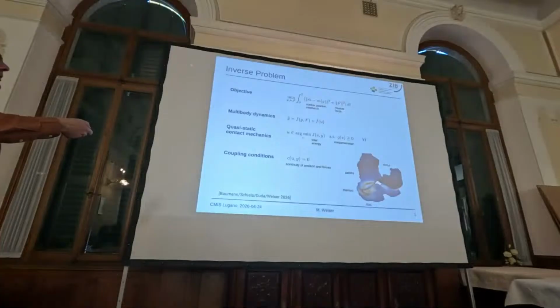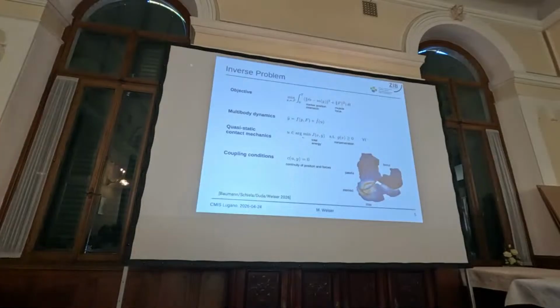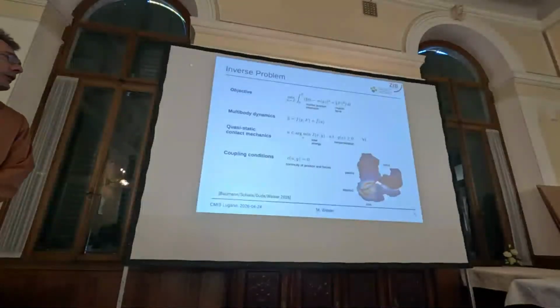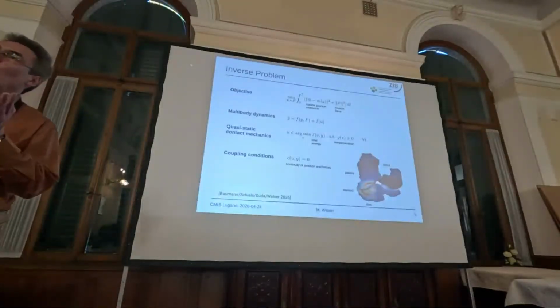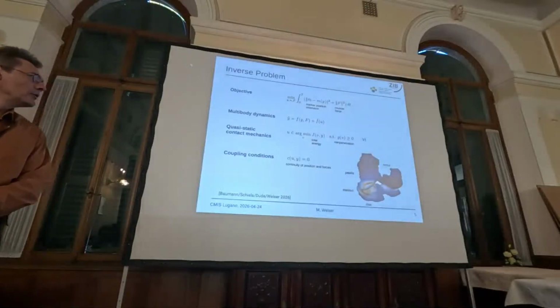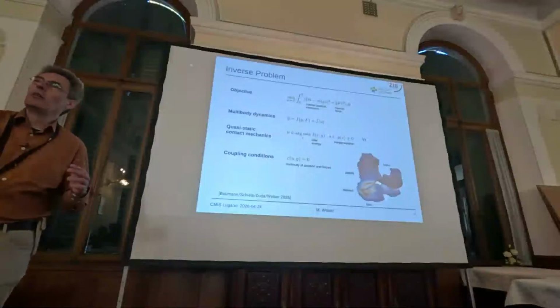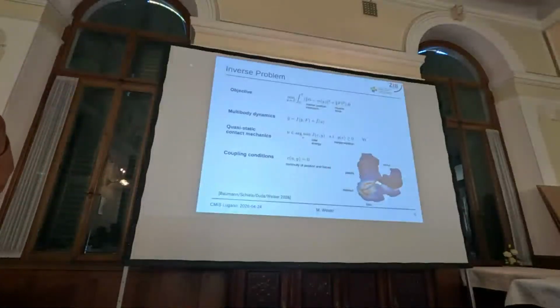Today, let's focus on this contact problem. This is from a CT scan of a knee. So you have a rather complex geometry, multi-body contact, potentially self-contact, and this has to be integrated somehow into the inverse problem and coupled to the other things.